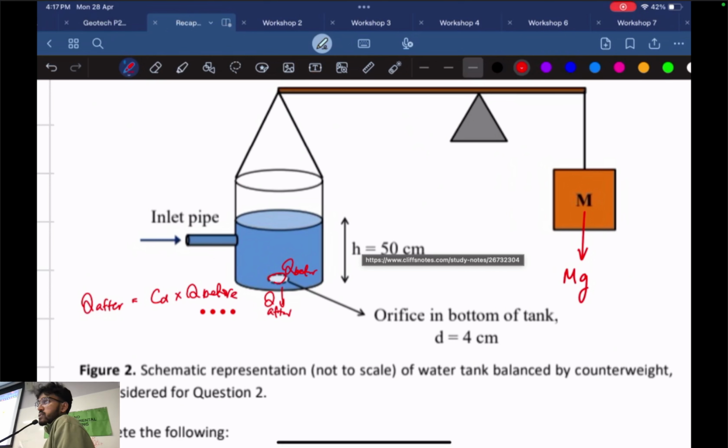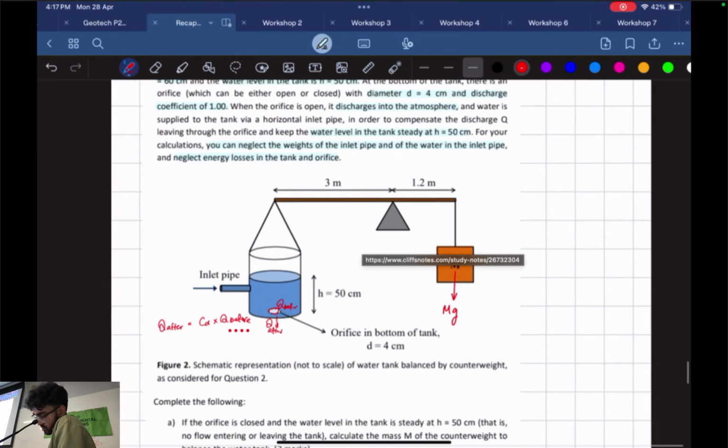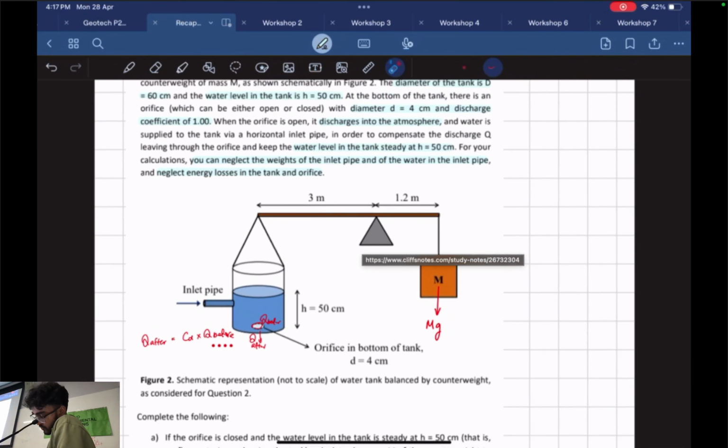Right? That's the relationship between the discharging jets and all that. For your calculation, neglect the weight of the, blah blah blah. Neglect energy loss. Okay, we're not going to care about any pipe losses or bend losses, exit losses, entry losses, none of that.